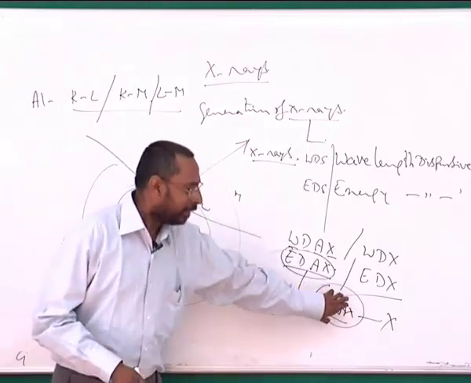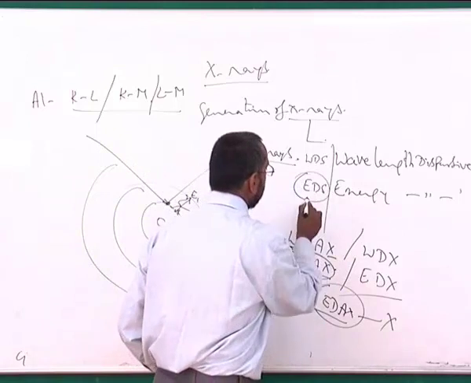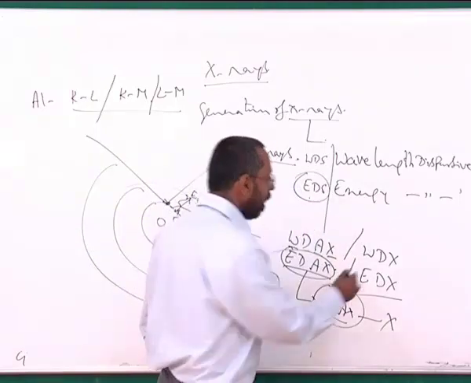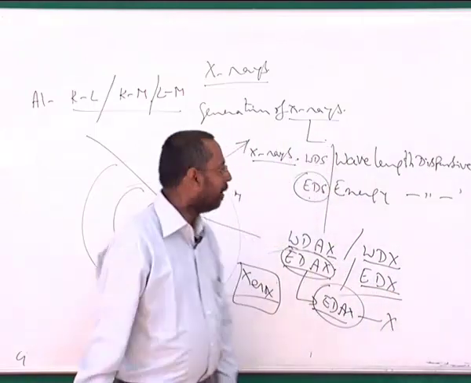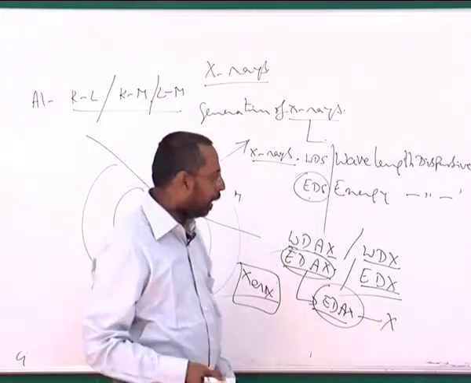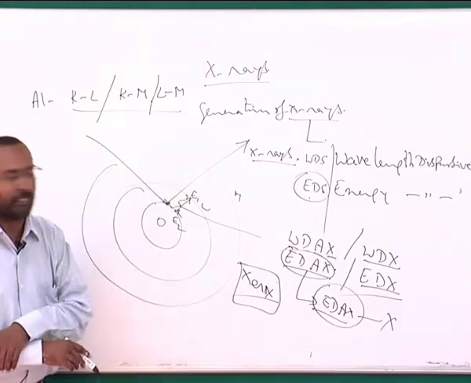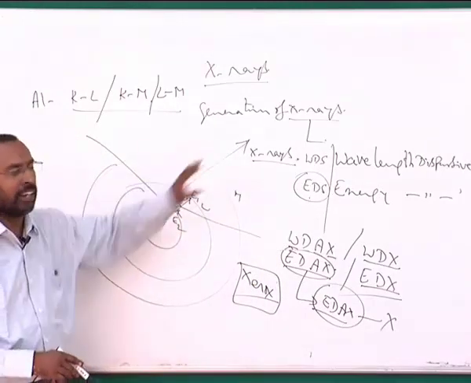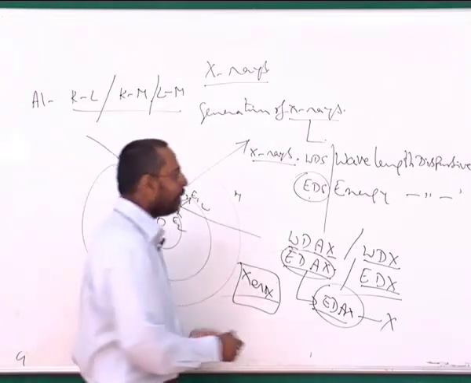Similarly, here the EDS machine, EDS being energy dispersive spectroscopy, or EDX, energy dispersive X-rays, can be obtained from any company. There are so many companies which supply this kind of detectors. These are basically detectors which detect the X-rays that are coming out, and one of them is EDAX.